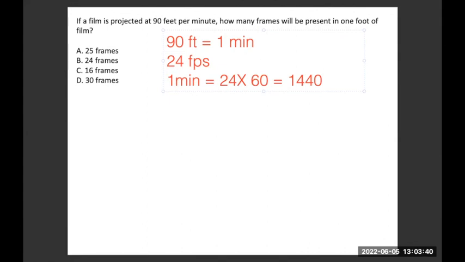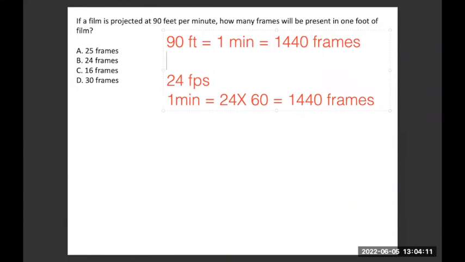Yeah, 1440 frames. So within a minute, 1440 frames are present. When a film is projected for 90 feet and it runs for a minute, there will be 1440 frames in the minute.